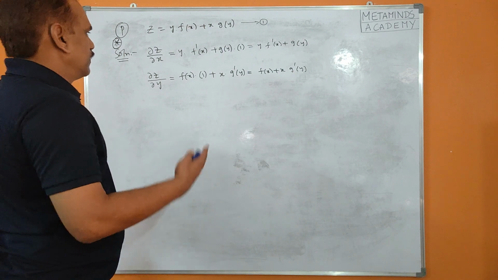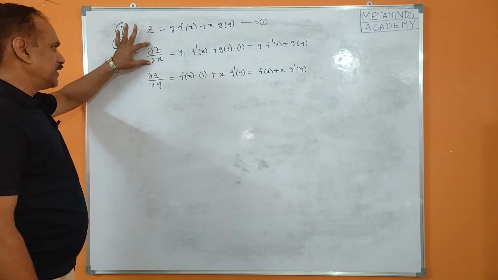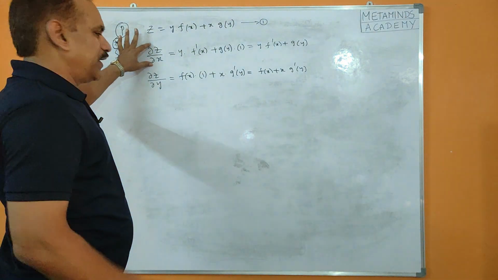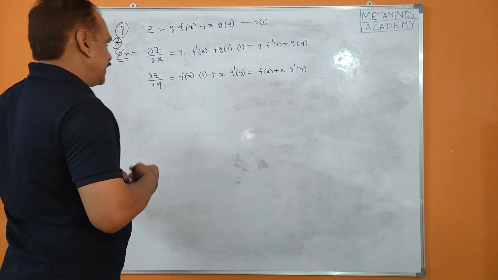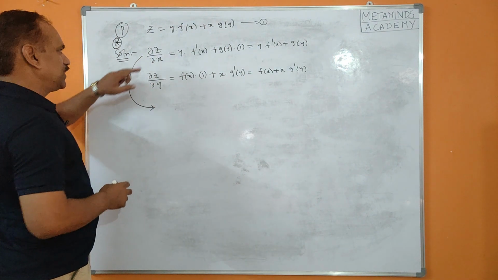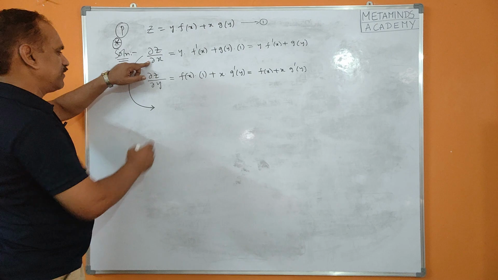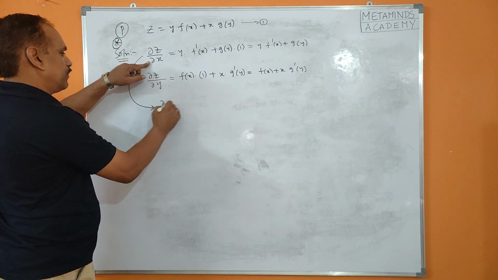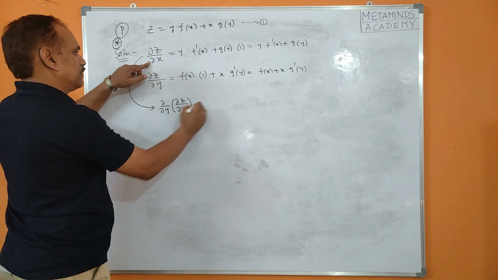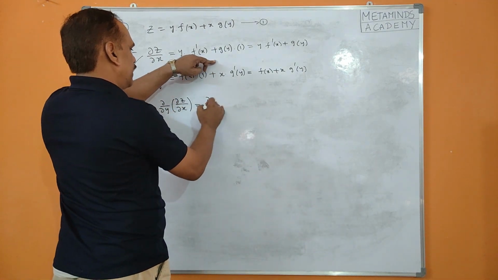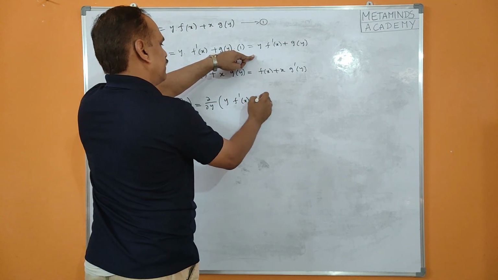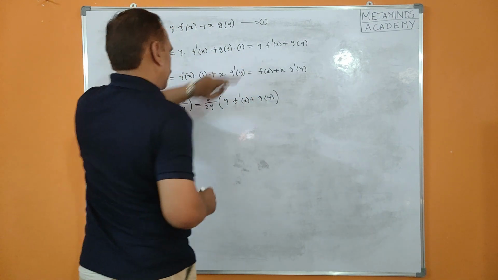Forming another equation like either dou square z by dou x square, or dou square z by dou y square, or dou square z by dou x dou y. Let us try dou square z by dou x dou y. Differentiate this equation with respect to y, dou by dou y of dou z by dou x. So dou by dou y of y into f dash x plus g of y. Right?